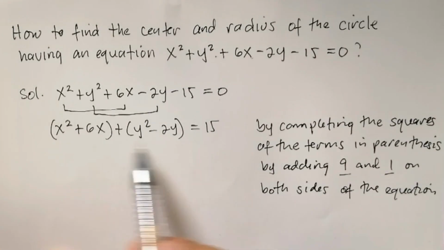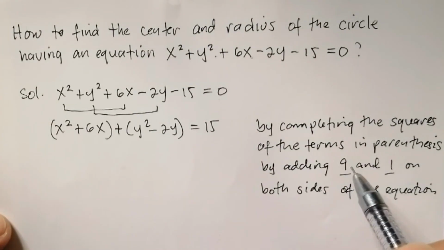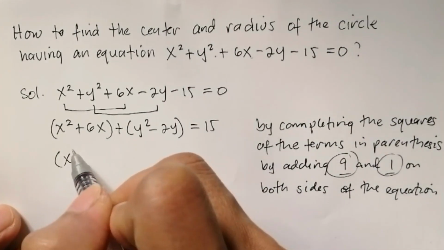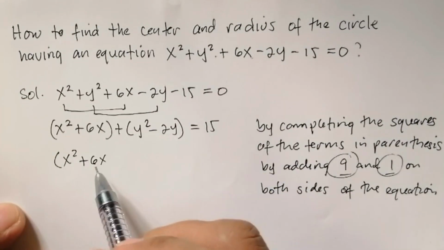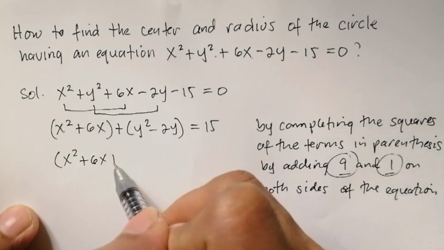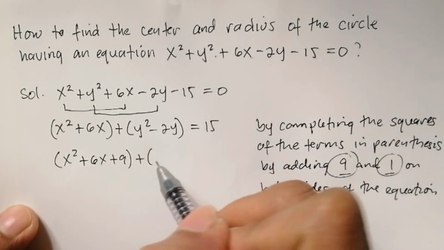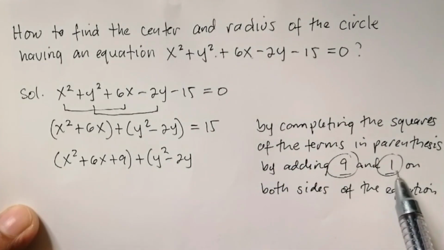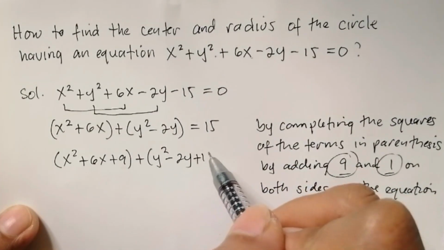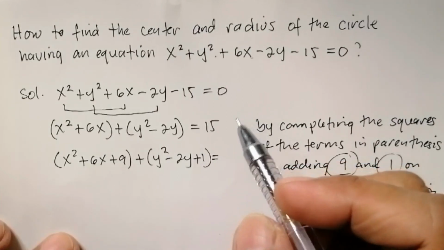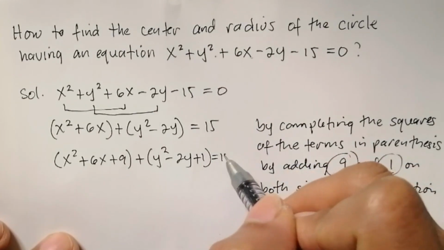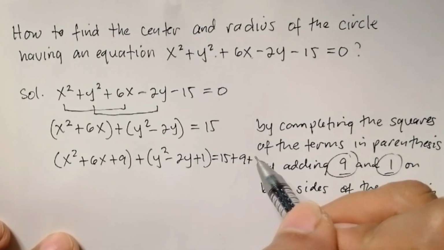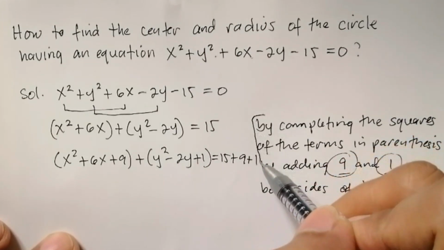So bracket x squared plus 6x plus 9 bracket plus bracket y squared minus 2y plus 1 bracket is equal to 15 plus 9 plus 1.